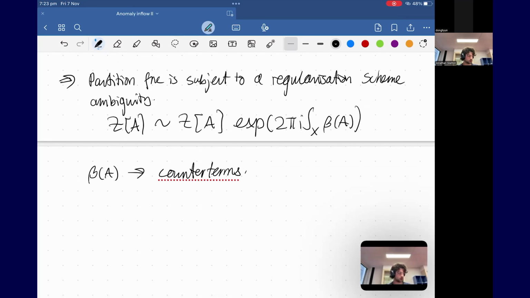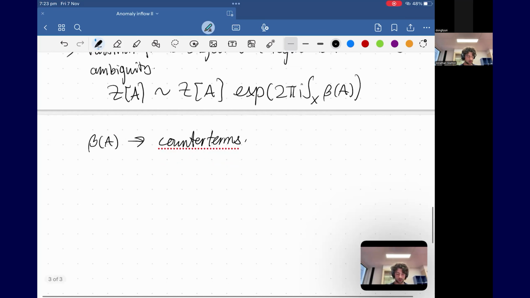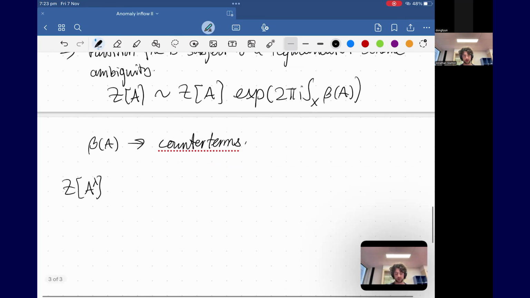Okay, so in particular, what this means is that under the symmetry transformation, whether it be the global one or the gauge one, then this thing will be equal to the original one. Let me just write this out in full very quickly.